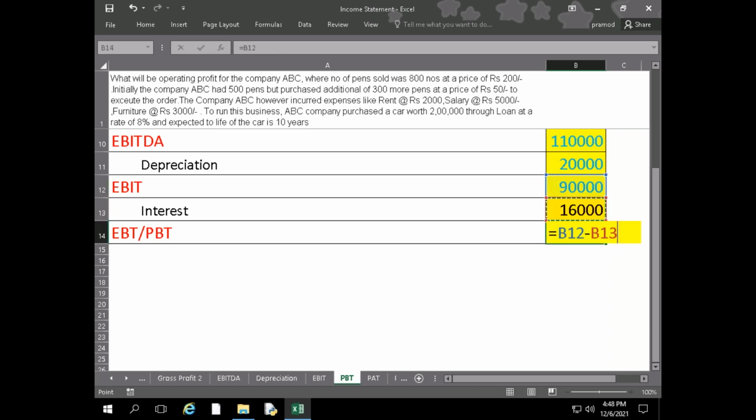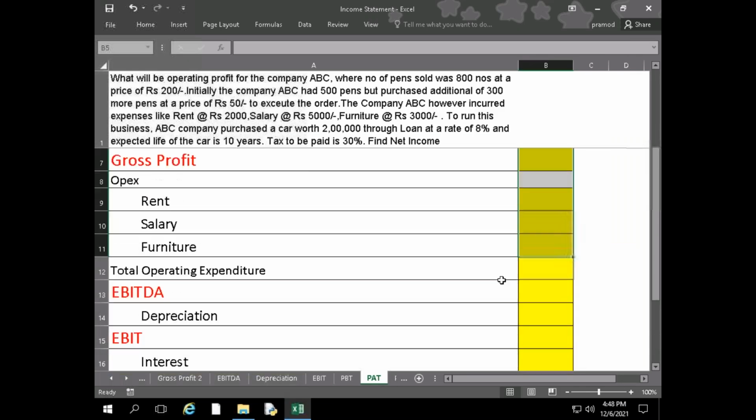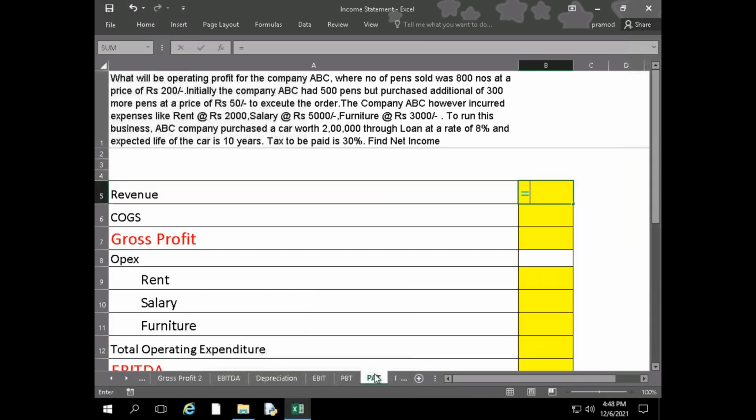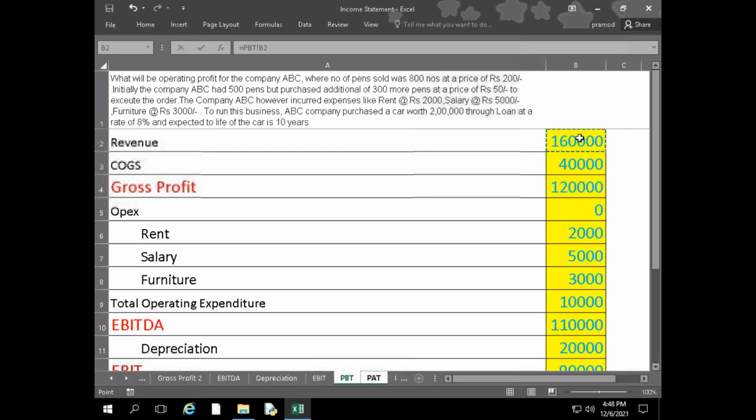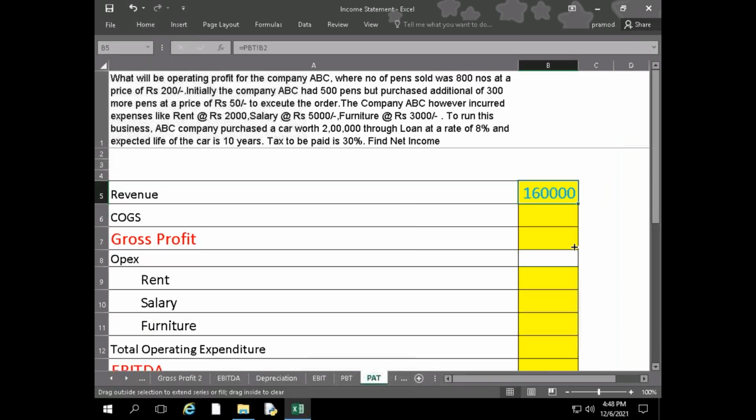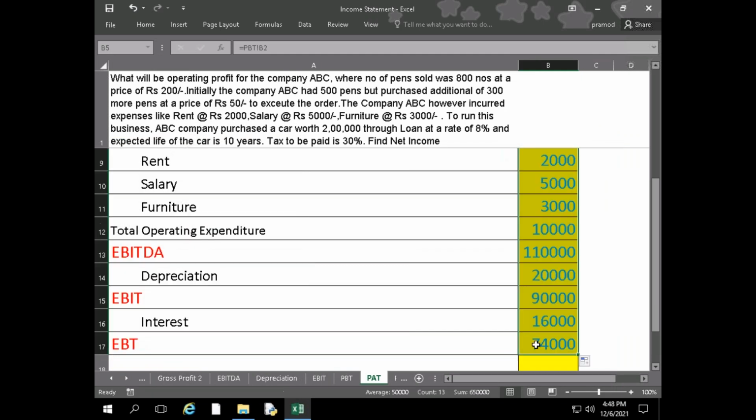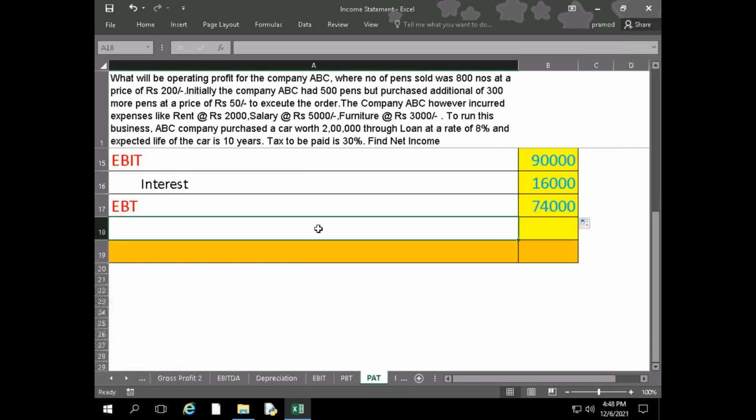Plus minus that. So here you should do the tax of 30% equals rent into 30%.